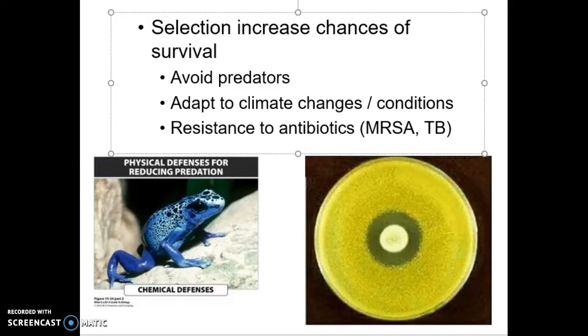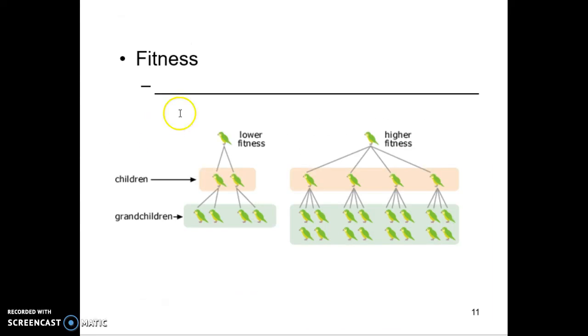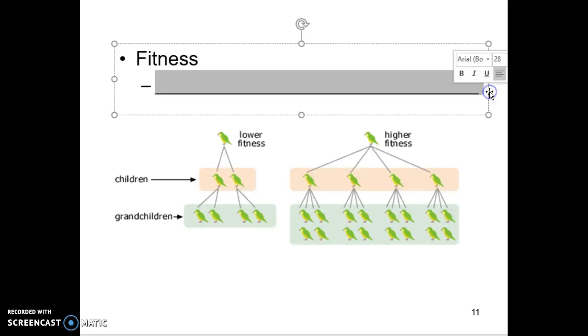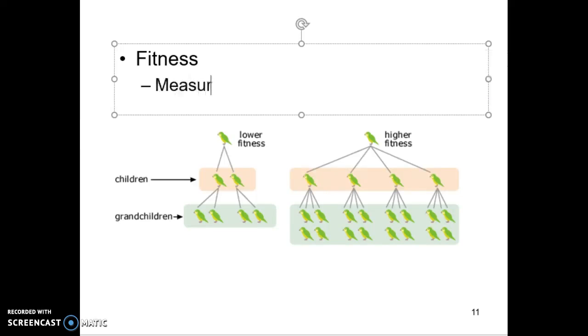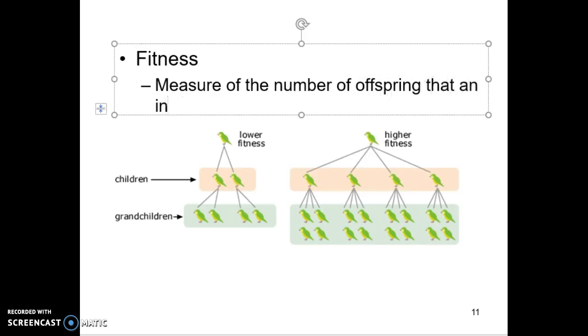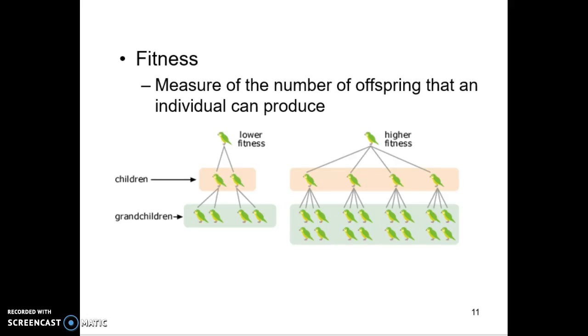All right, so a big thing we do when we look at evolution in species is measure what's called fitness. Fitness is a measure of the number of offspring that an individual can produce. How many kids can you have? And then how many grandkids and great-grandkids and so on. So the fittest individuals have lots of reproductive potential, or reproductive success.